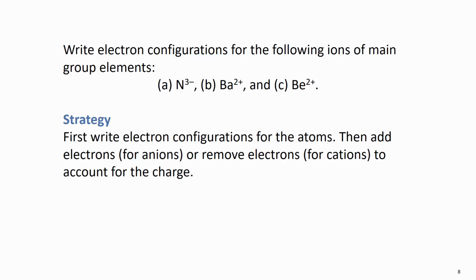So you should be able to write the electron configurations for each of these ions. You may want to stop the video at this point and see if you can write the electron configurations for each of these ions, or you could write the noble gas core electron configurations. That'd be a little easier, wouldn't it? So try that.